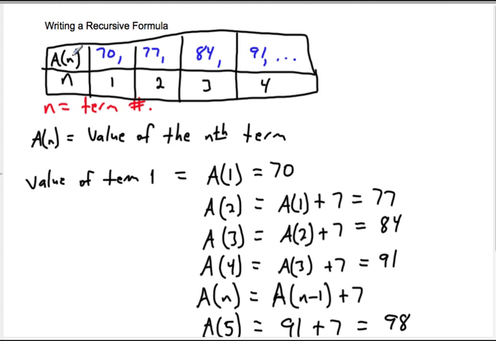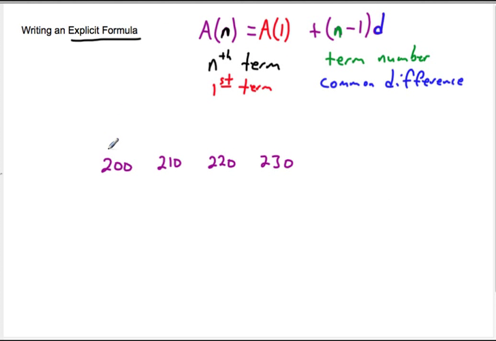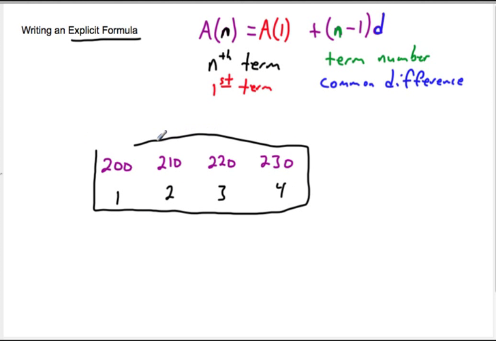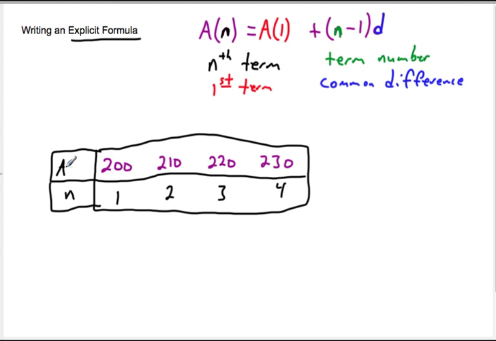So we'll call this term 1, term 2, term 3, term 4. And make a little table. There we go. So this is n, and this is the value of the nth term.